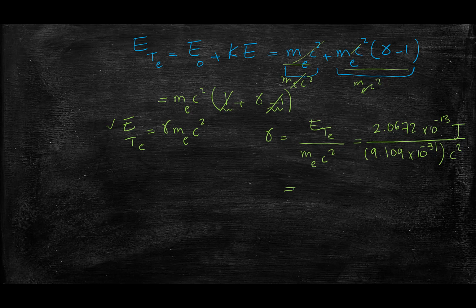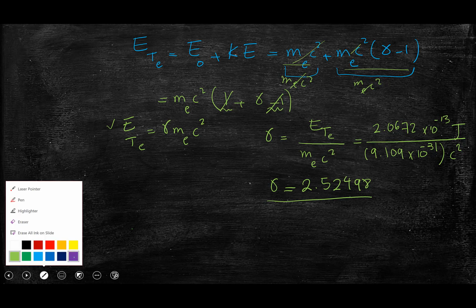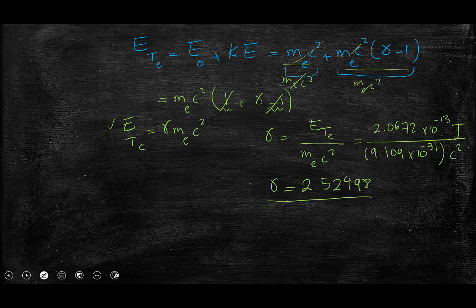Just pause this video, put the numbers in the calculator, and you should come back with this number: 2.5248. I'm just going to keep these significant digits to make my answer a little better, so I'm just going to keep gamma as is, and continue to plug in.